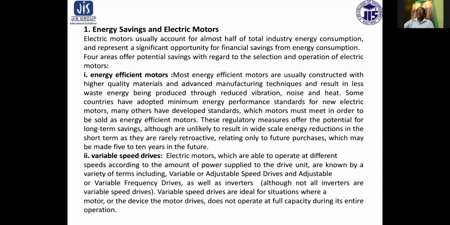These regulatory measures offer the potential for long-term savings, although they are unlikely to result in wide-scale energy reduction in the short term, as they are rarely retroactive, relating only to future purchases, which may be made 5 to 10 years in the future.